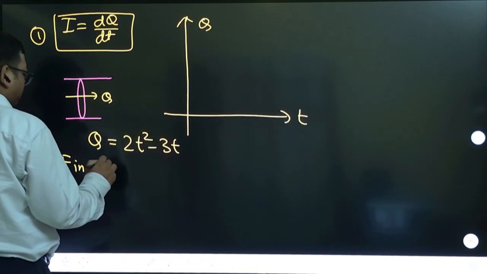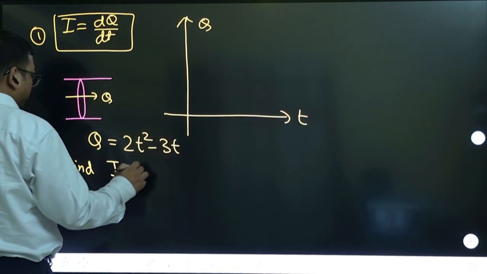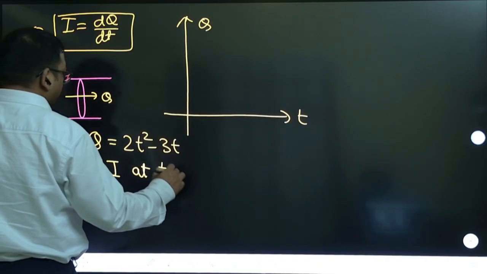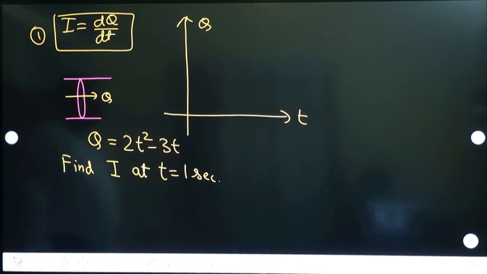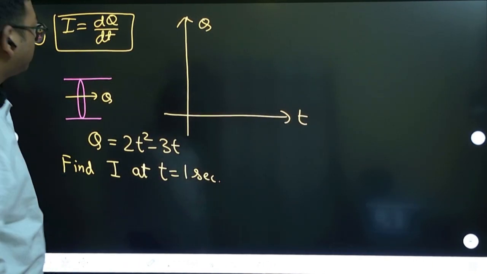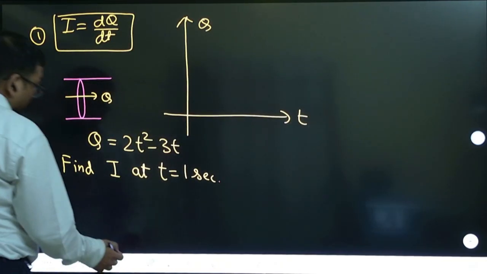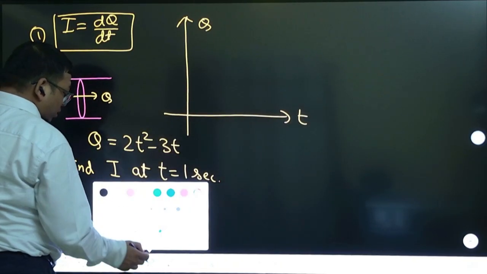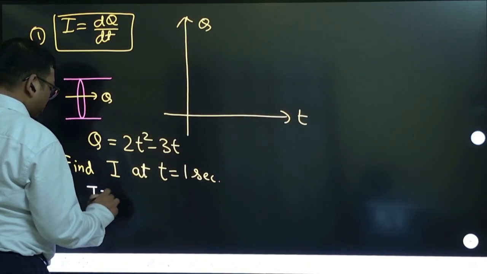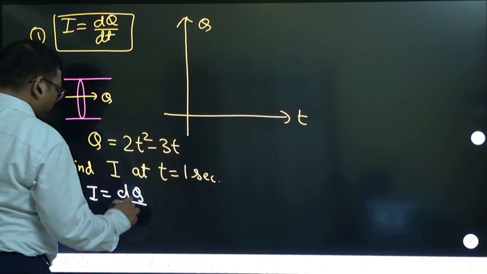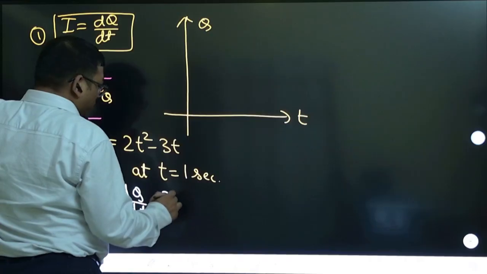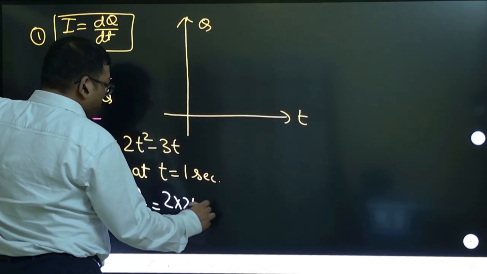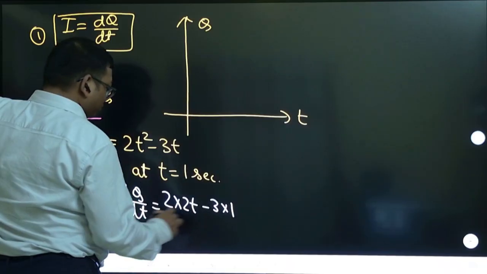Now the question is: find the current at time 1 second. Here definitely the current calculation you can do by differentiating. I is equal to dq by dt. Differentiate: 2t square differentiation is 4t, minus 3t differentiation is 3.